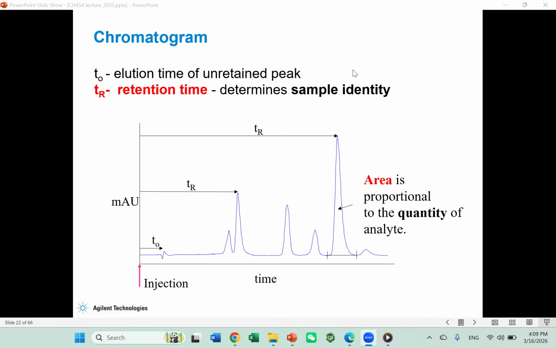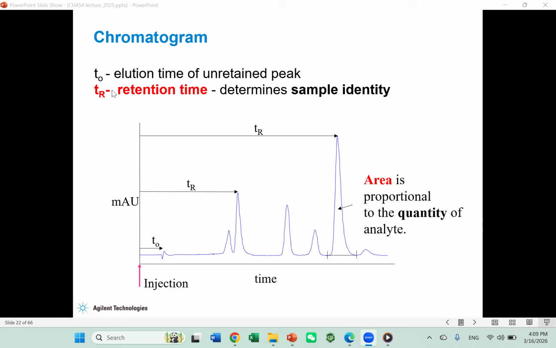Here come the two most important pieces of information given by HPLC. One is the retention time, also called TR. Once the HPLC conditions are set, for example column, flow rate, gradient and mobile phase, the same component in the same sample should have the same retention time. That helps us identify individual components.